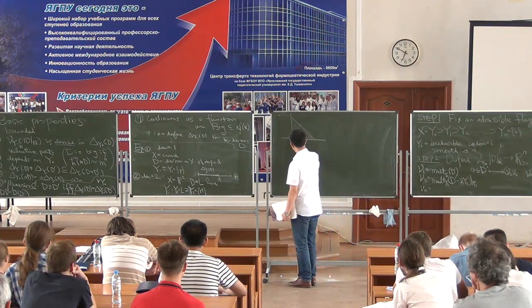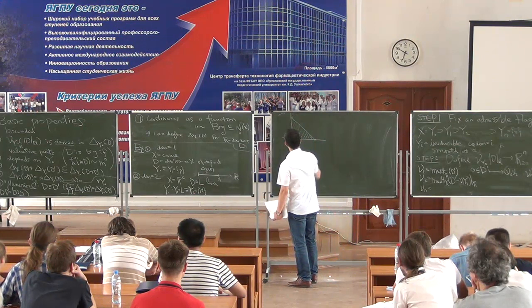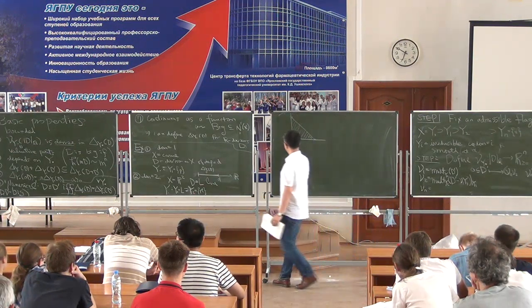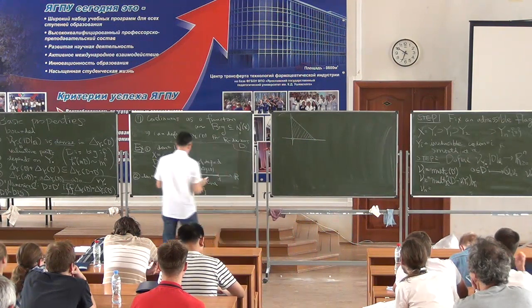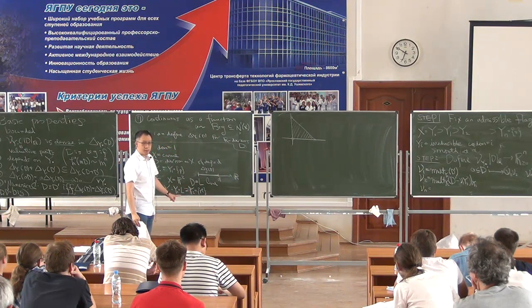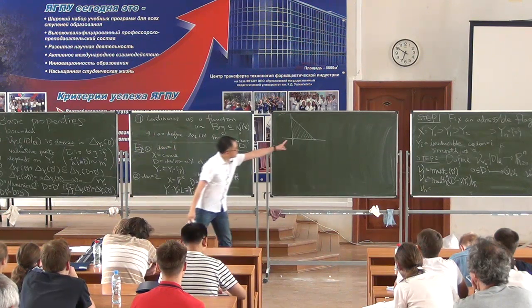So basically, you need to find these 3 points. For this point, you consider any line which is disjoint from this, and then you get this.